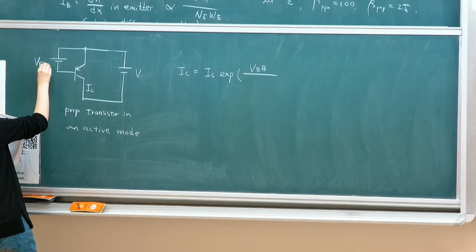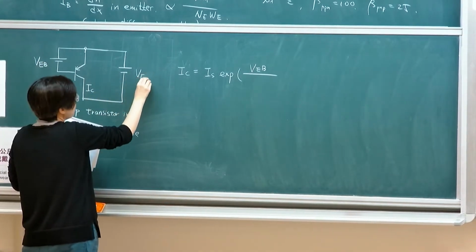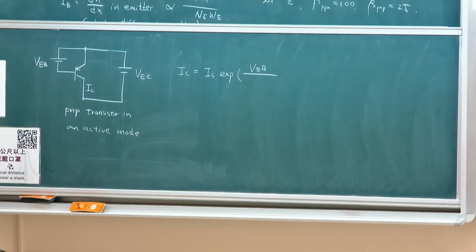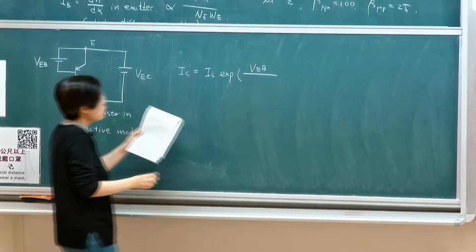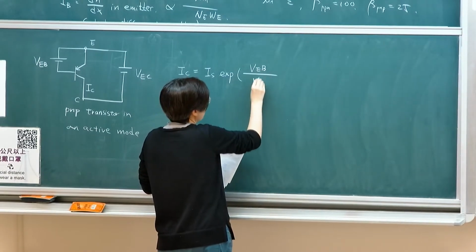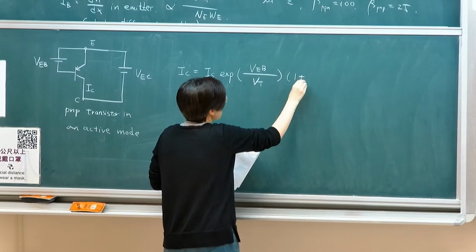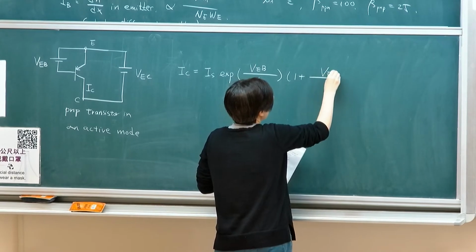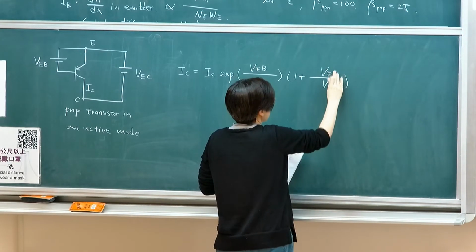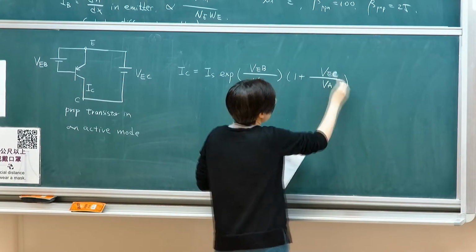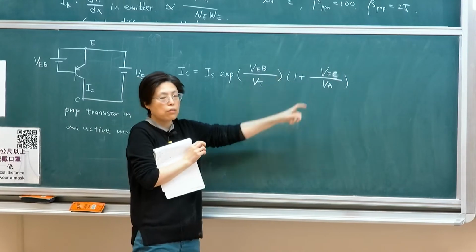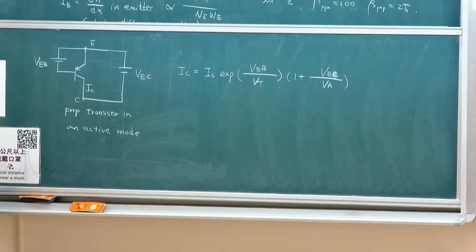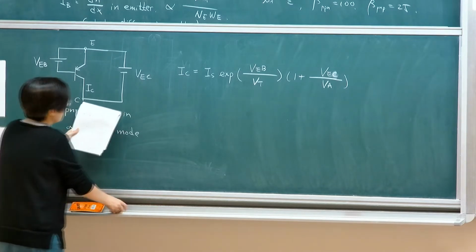If I'm using positive voltages to define, this will be VEC, because this is E, this is C. So it will be VEB over VT, times 1 plus the early effect correction, which will be the same. If you want to use all positive numbers, just use EB and EC rather than CE. That's just to make sure that your voltage is always reflected as positive. Okay?